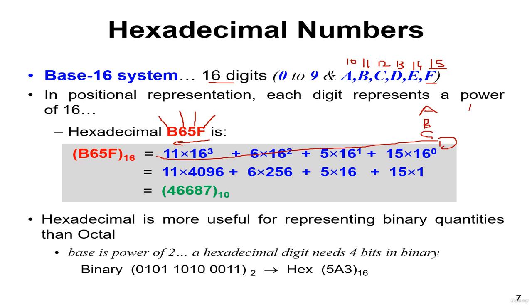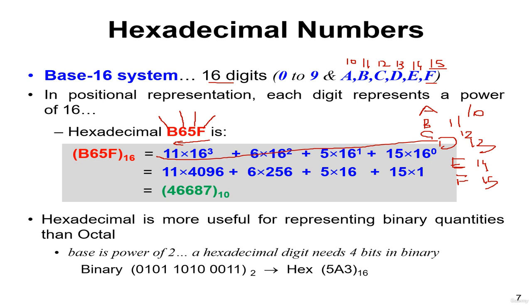So A is 10, B is 11, C is 12, D is 13, E is 14, and F is 15, right? So you can then use the mapping to work with these numbers. The same reason why do we study hexadecimal?